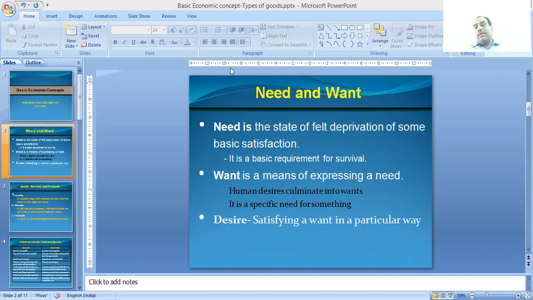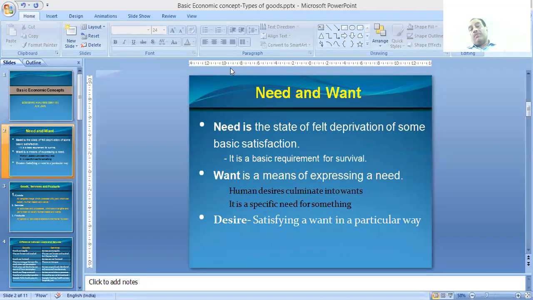Then the third term is desire. We all have needs and wants, and any particular want can be satisfied at a given point of time or at a given place. But when we wish to fulfill a particular want in a particular way, then it becomes a desire. If we want to have a cup of coffee, this is our want.